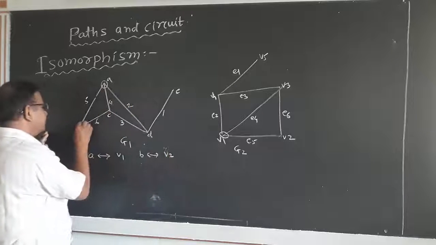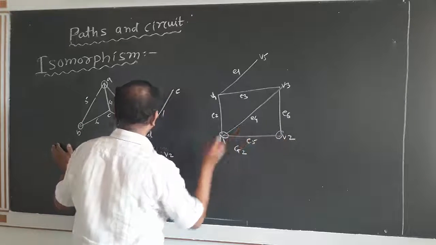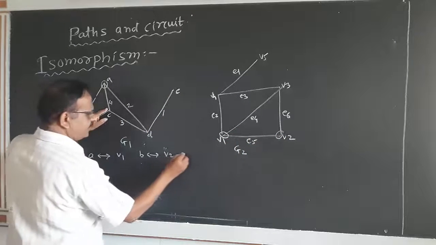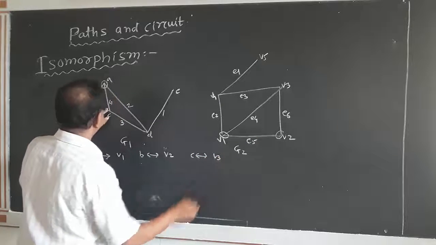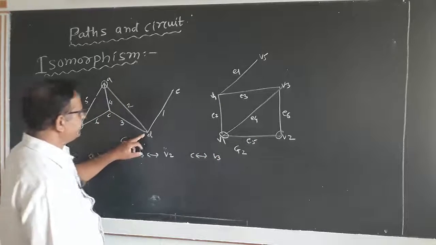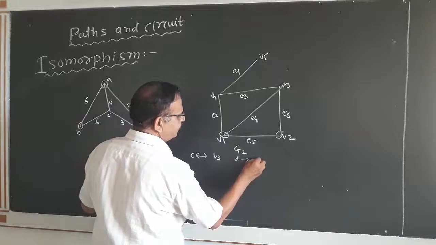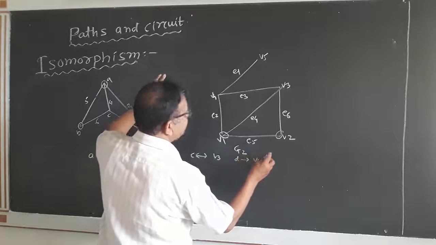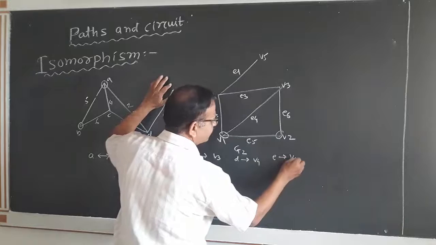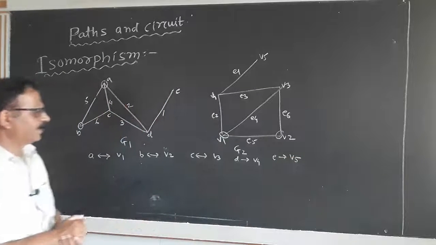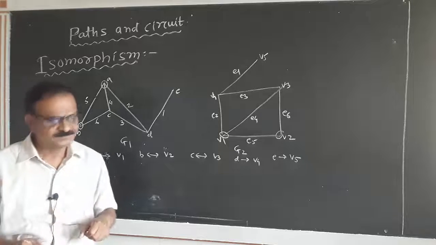The degree of B is 2 and the degree of V2 is also 2. C is associated with vertex V3, for the same reason. D is associated with vertex V4 and E is associated with vertex V5. Thus, the vertices are associated. Now let us see the incidence of edges.